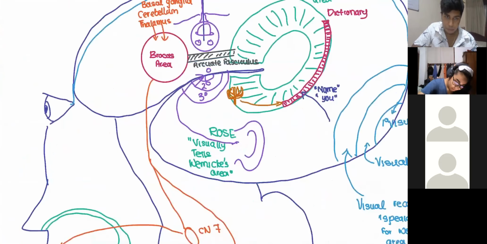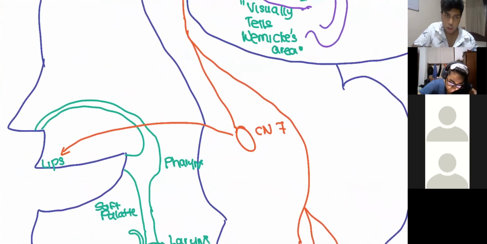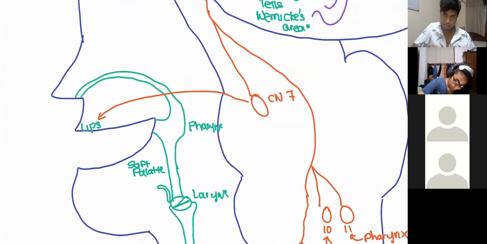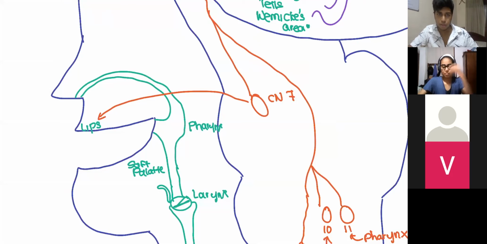Can you tell me what will happen if there is incoordination in these areas? What is that condition called? Yes, there's going to be ataxia. So the lips don't know how to properly speak the words. It'll either overspeak, or something like a lisp.